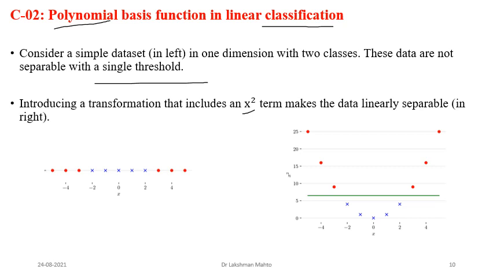Now you can easily classify this data into parts. This part you can give minus one label and the upper side plus one. So there is a clear linear boundary, or separating hyperplane, which will separate these two classes of data. Why? Thanks to this polynomial basis, it is able to separate.